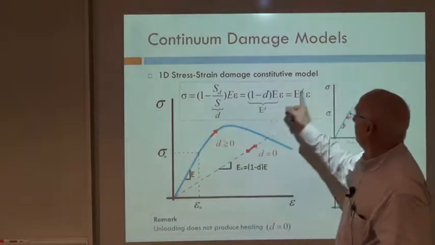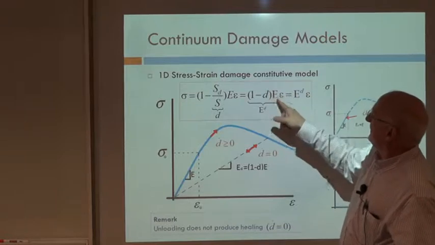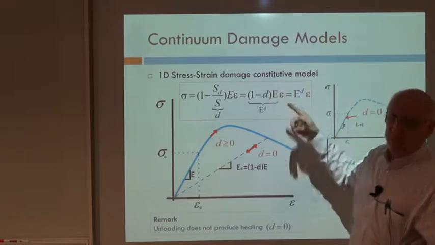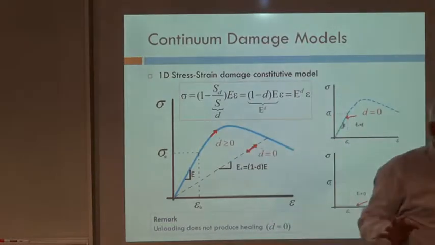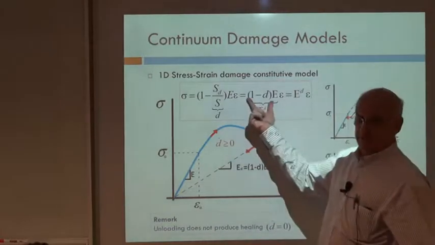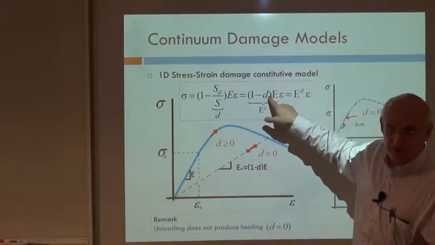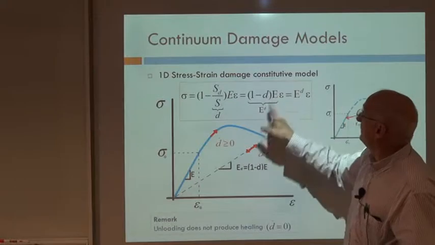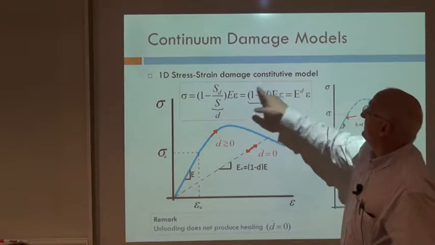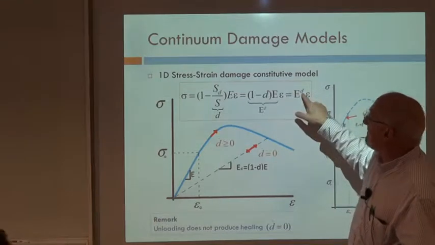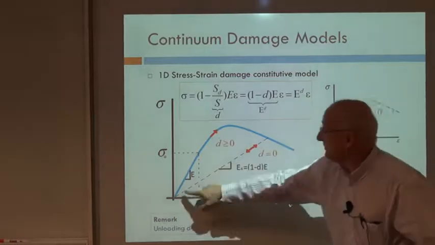The stresses are proportional to the strains through E times epsilon, which would be the elastic stresses, the stresses that would correspond if there is no damage, but affected by a factor 1 minus d, which is positive, applied to the Young modulus. Or this being a secant or damaged or degraded modulus.